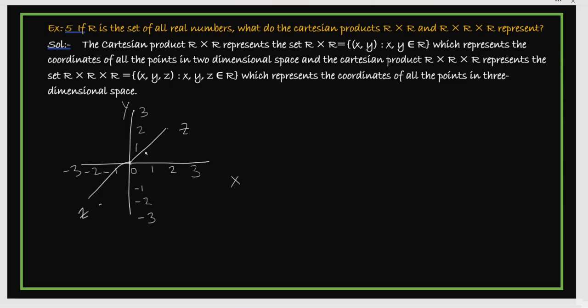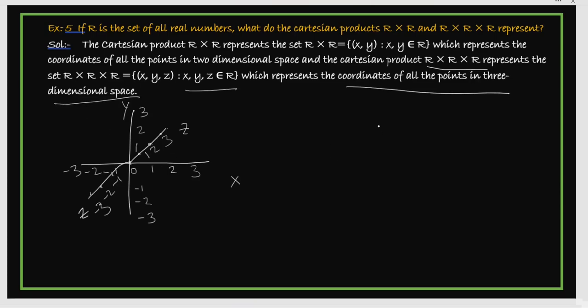This is 1, 2, 3. This is -1, -2, -3. This is how it is represented. It is three-dimensional. So R into R into R, the x, y, z belonging to R, represents the coordinates of all points in three-dimensional space. That's what I wanted to show you.